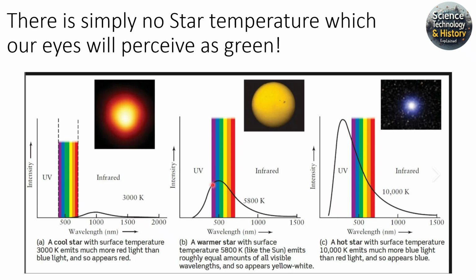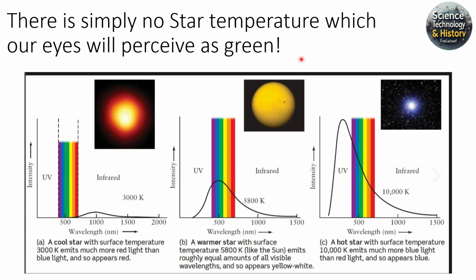So our eyes will see that there is some blue, there is some red, there is some yellow, the maximum is actually around the green, but our eyes will not interpret this as green, they will interpret this as yellow, white. And basically there is simply no temperature we can put a star on which our eyes will be able to perceive as green.